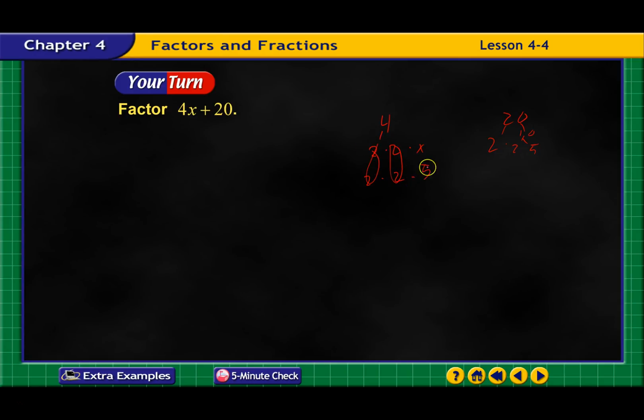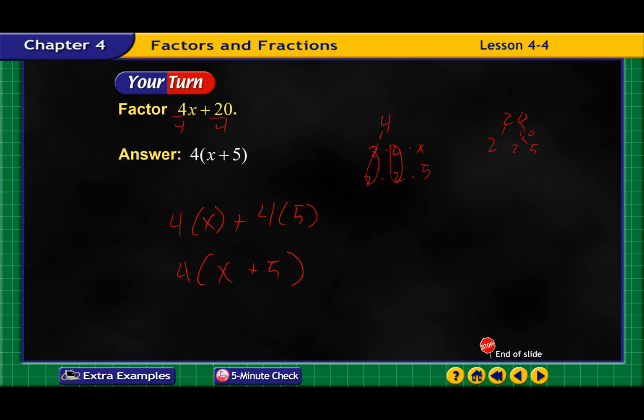The common ones are here, so I can pull 4 out of both. So I could actually say divide this by 4, divide this by 4. This goes to 1. I'm going to jump down here because the answer is going to be right here. So I'd have 4 times x plus 4 times 5. So then I can do a 4 times the quantity x plus 5. What I would have just done is I looked at this and go, 4 can divide into 20, so I can take 4 out of there, divide both sides by 4, and then it comes out to that. Whichever method works for you, do so.